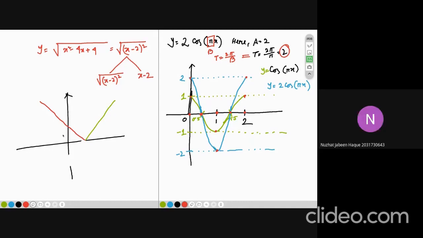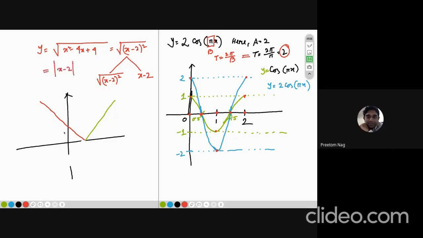Sir, can we then say that the square root of x squared equals the absolute value of x? The absolute value of x, exactly right. What happened? This will be exactly the absolute value of x minus 2.